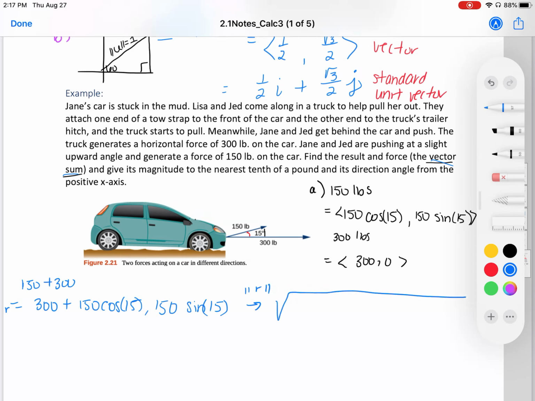We take the square root of 300 plus 150 cosine of 15, all of that squared, plus 150 times sine of 15 squared. This is just calculator work. Make sure you have a calculator out and get the right answer. You should get 446.6. That's our magnitude.